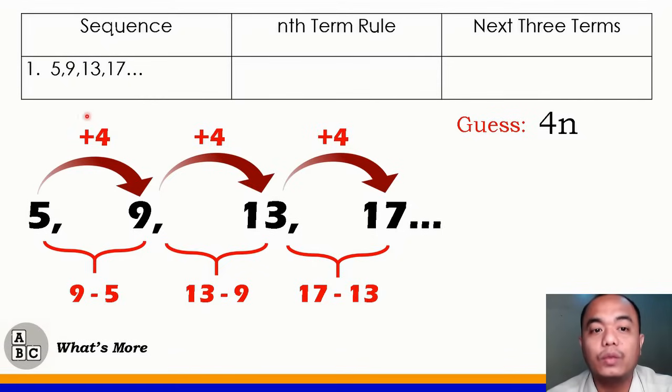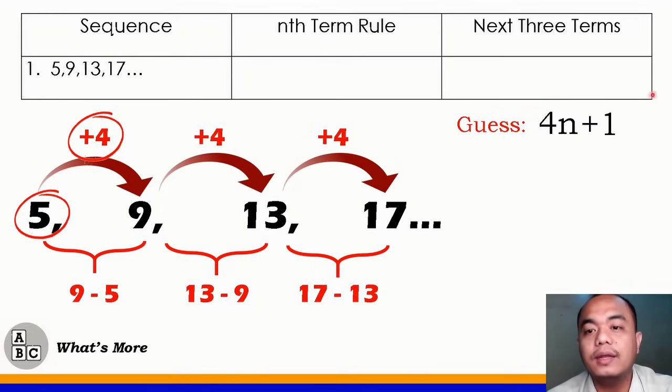So, what will we do to our common difference? We add 1, right? Okay, let's try to guess. Our 4 here and 5 is not the same. So again, we will add 1. Saan nanggaling yung plus 1? So, we get plus 1 here to make our first term and common difference equal. Guess lang naman to. No?